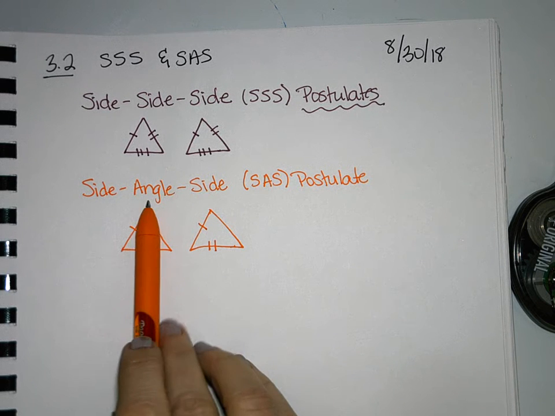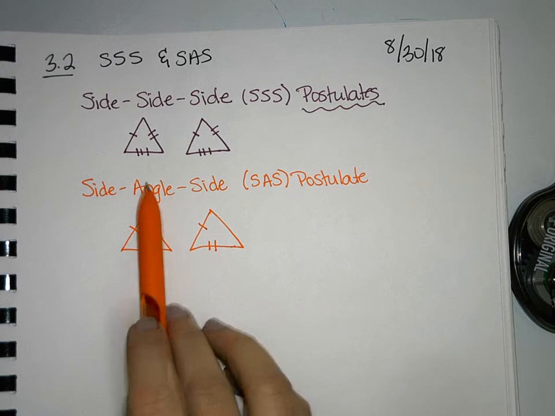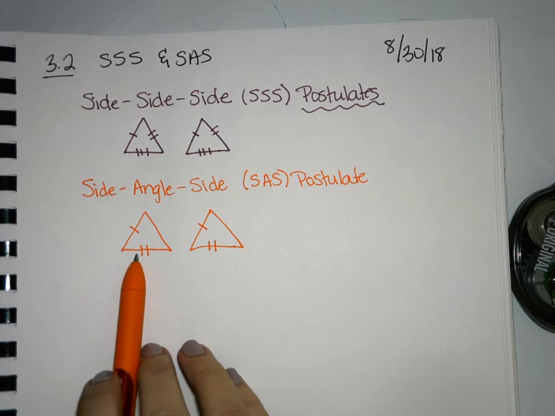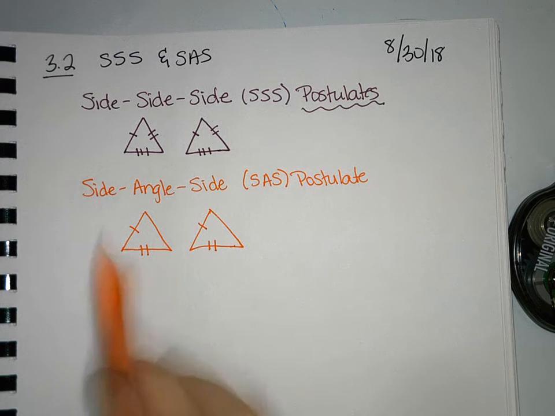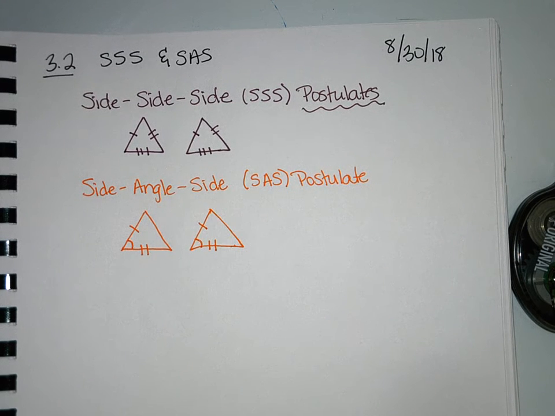Where is the word angle in the sequence? In the middle. So that means in our picture, where does the angle have to be? In the middle. So if we have 2 sides and the angle in between them congruent, then we can say the 2 triangles are congruent, meaning we don't have to worry about the other 2 angles or the other side. We can just look for these 3.